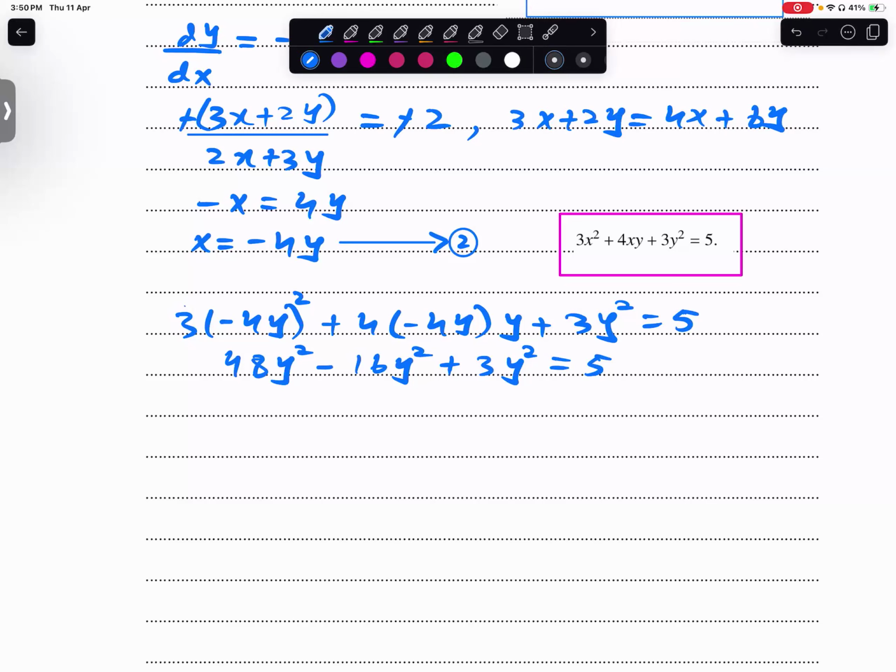And now 48y square minus 16y square plus 3 will be 35y square is equal to 5. So y square is equal to 1/7.